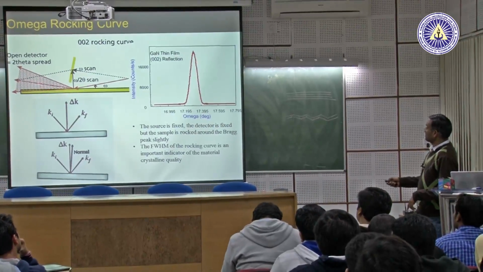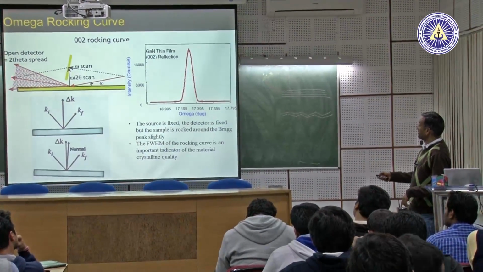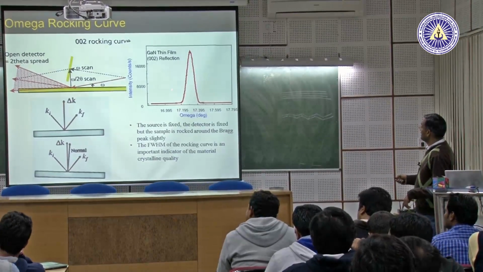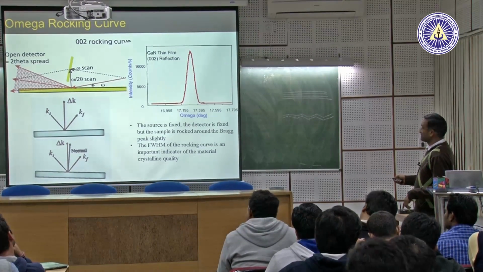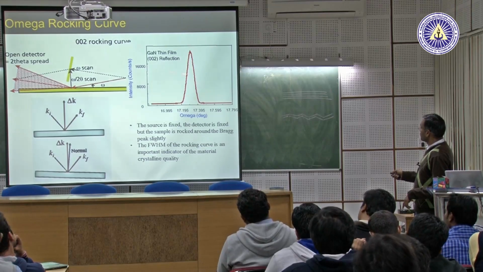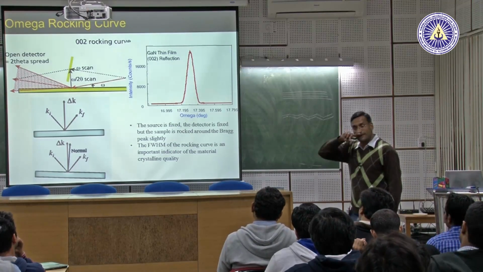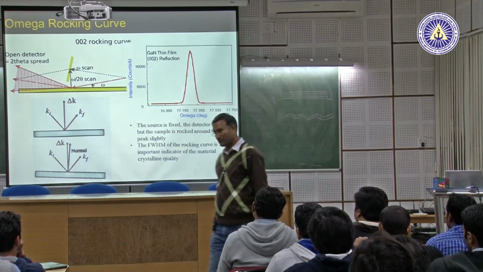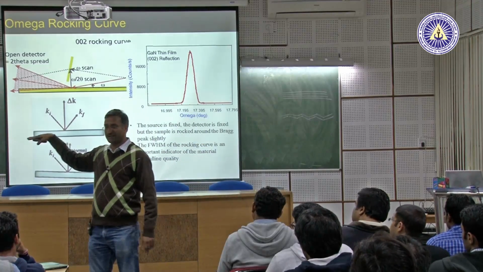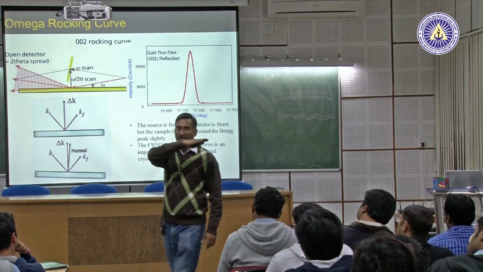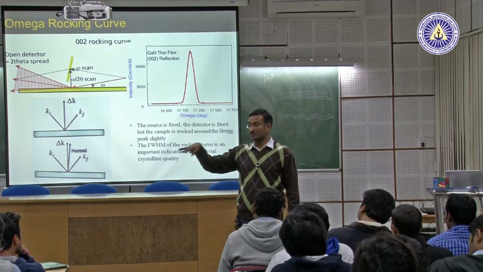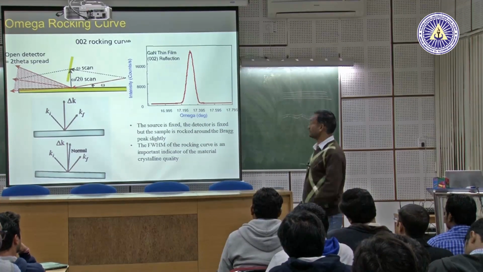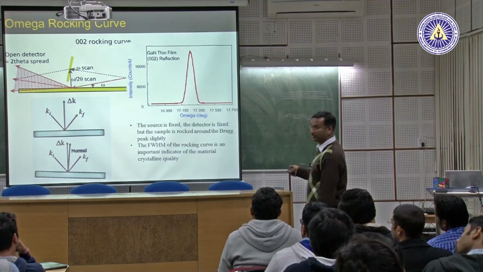So when you do that, you measure the variation in the 2 theta values, and what you plot is intensity versus omega scan. The broader this scan is, what does it mean? The sample is more misaligned. It has poorer crystalline quality as compared to something which has a sharp line. If it were a perfect single crystal, you should get a sharp line.